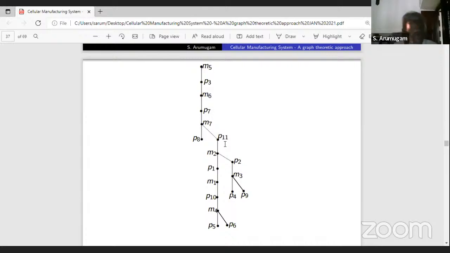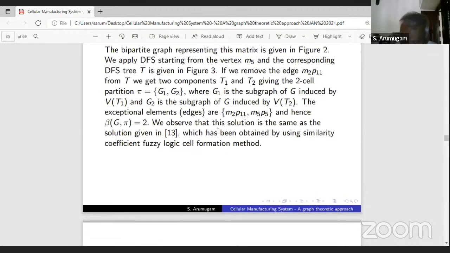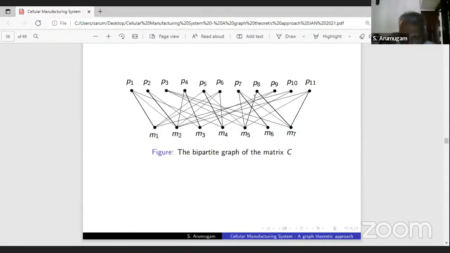See, total number of vertices is, let's go back to the graph. Totally we have 11 plus 7, 18 vertices.